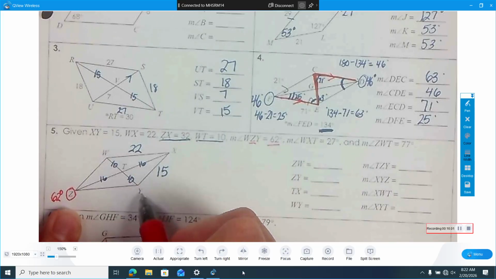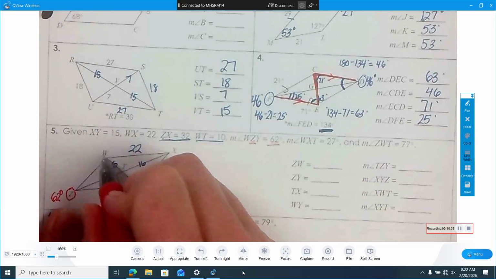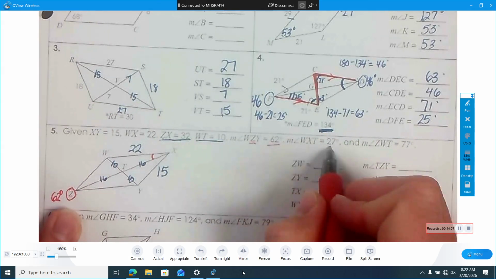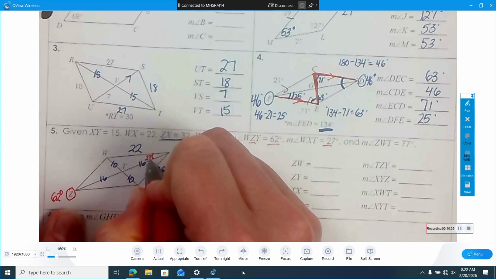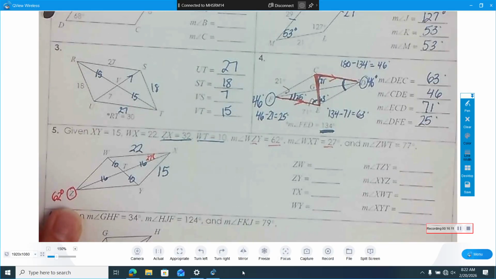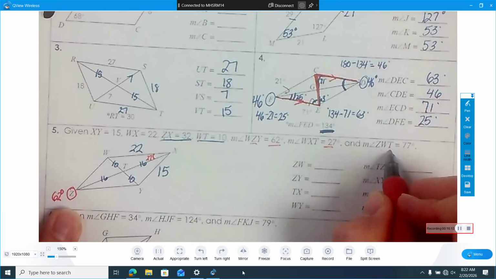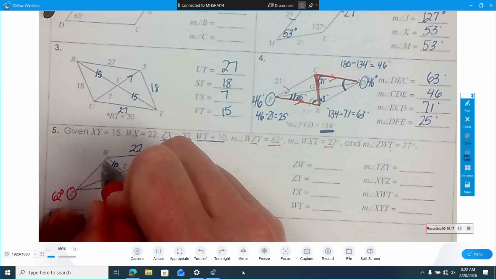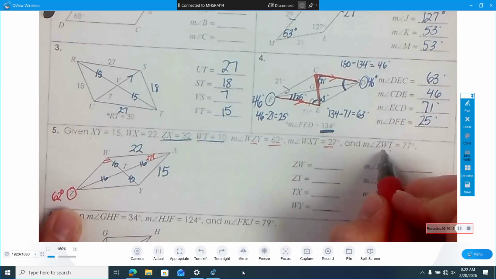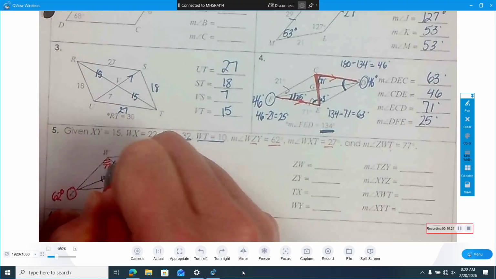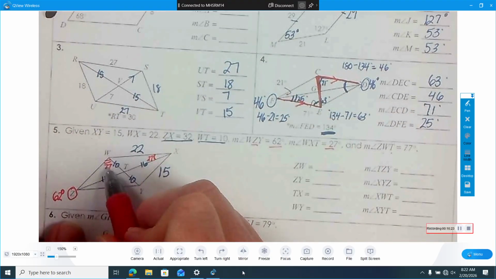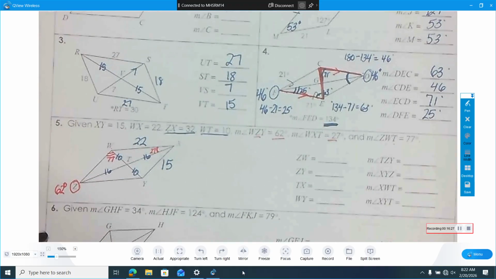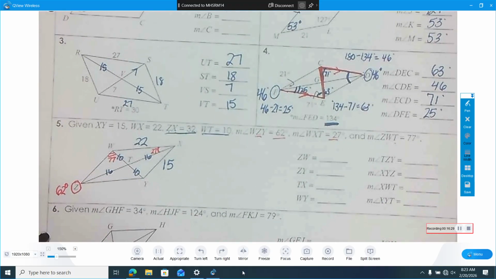WXT. Oh, the little baby. This little baby angle, WXT, is 27. So I can mark that 27. And ZWT. That little baby angle is 77. Okay, got lots of things to do here.